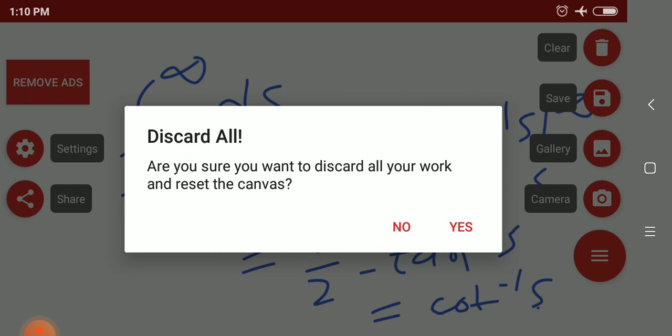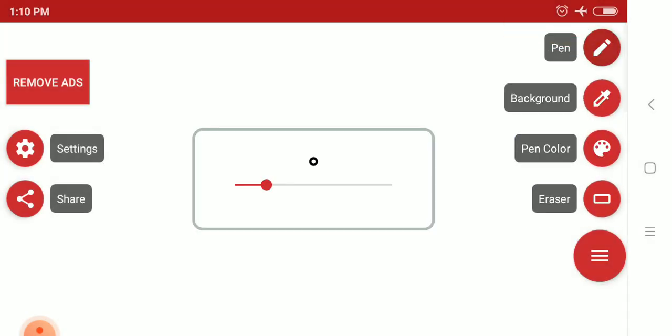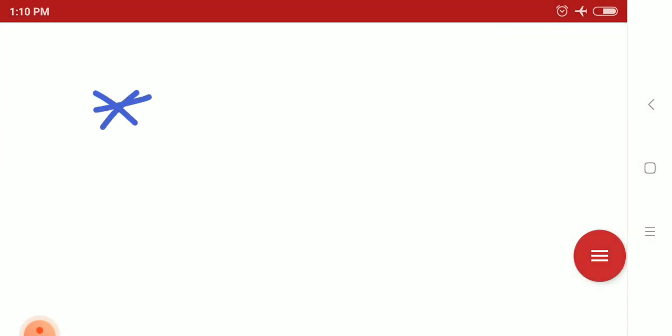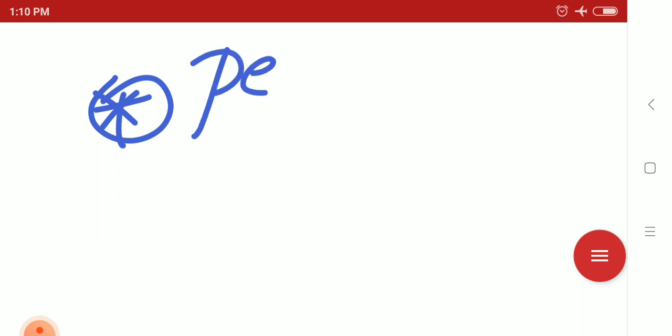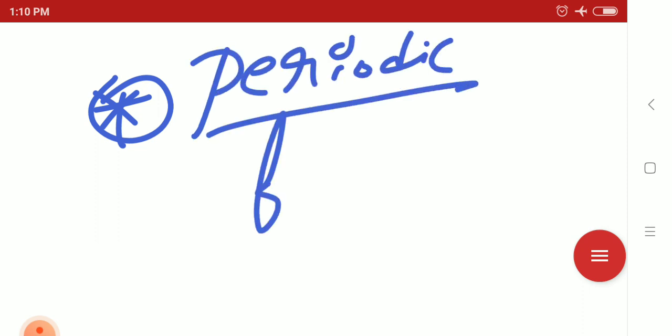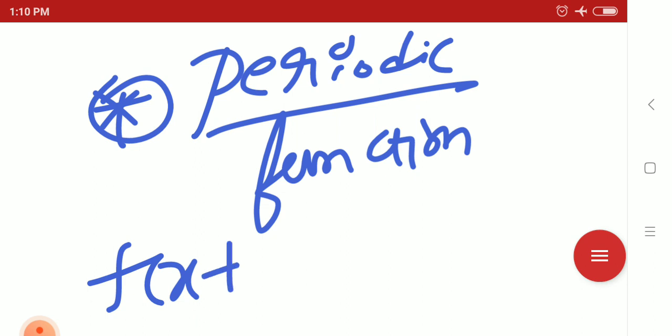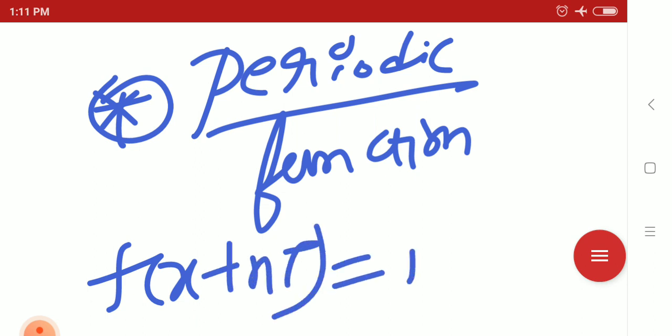One of the most important properties of the Laplace transformation is the Laplace transformation of a periodic function. Periodic function means a function is such that f of x plus nT equals f of x.